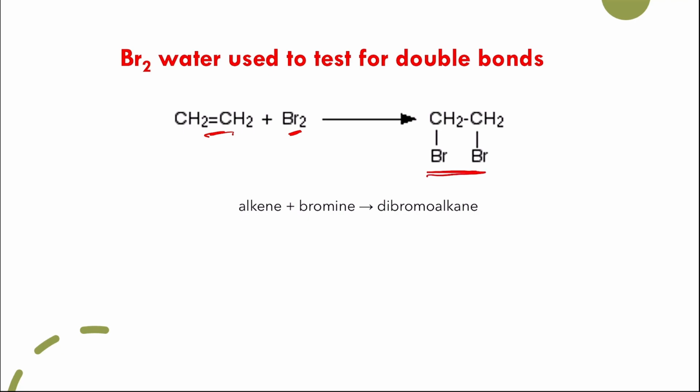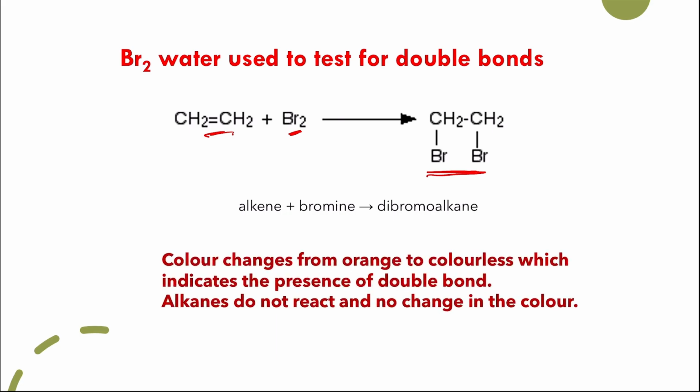There will be no more bromine available, so the color will change from orange to colorless, which indicates the presence of a double bond. Alkanes, which don't have double bonds, do not undergo the same type of reaction. So if you only have alkanes and you do this test, there will be no change in the color of the solution and it will remain orange.